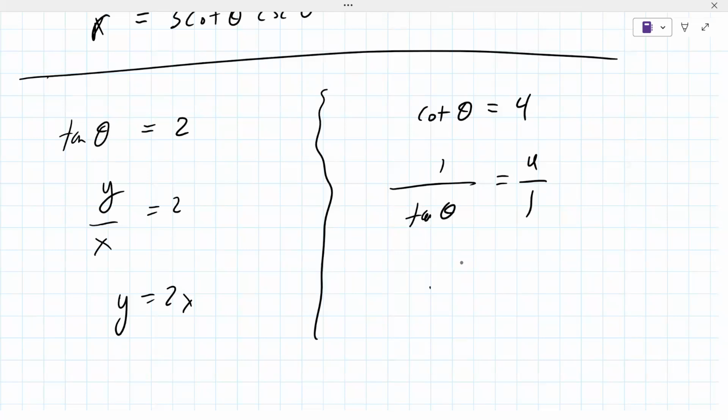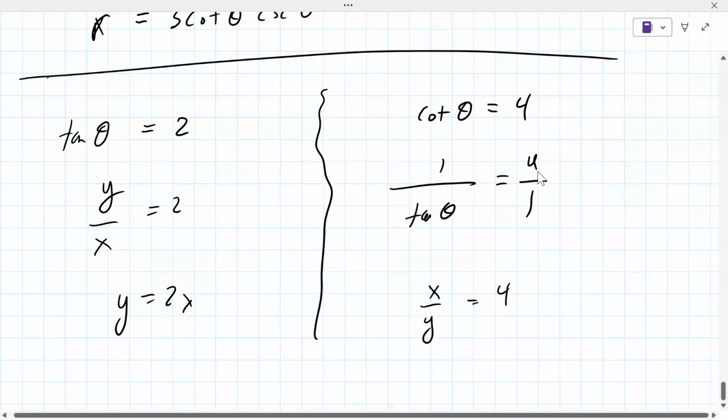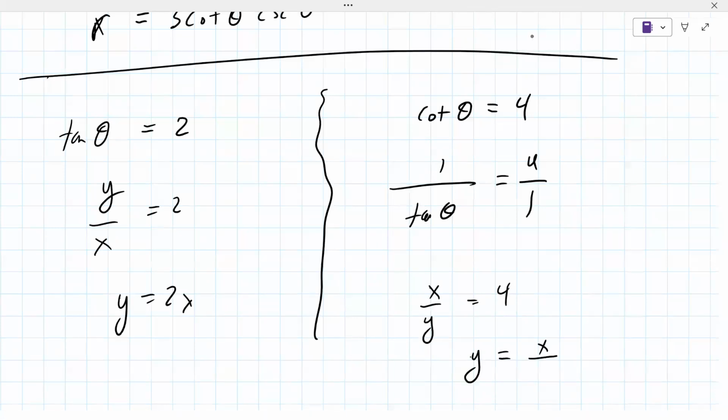Okay, so it'd be like x over y equals 4. Can you solve that for y, please? y equals 4 over x. It's x over 4. Oh, okay, yes.